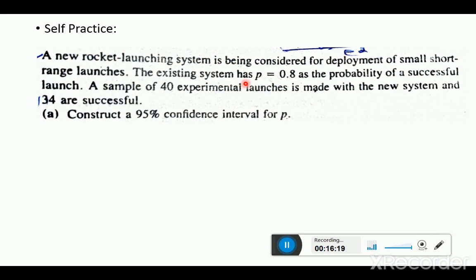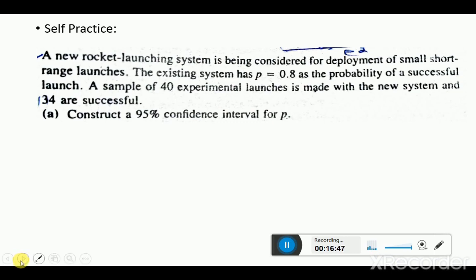In the question we have p, we have q, we have n, and we have x. We need a 95% confidence interval for p. Just apply the formula, put the values in, and the formula will give you the lower limit and upper limit. Hope a bit of the idea will be clear.